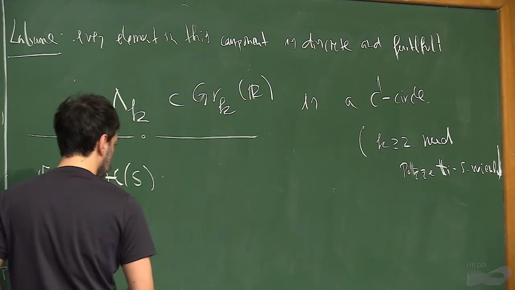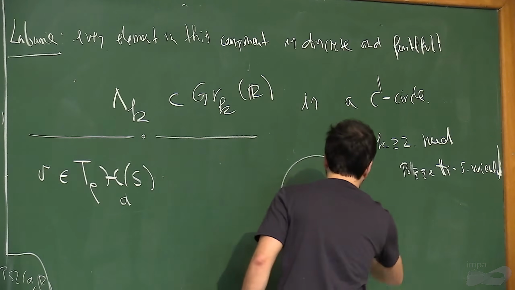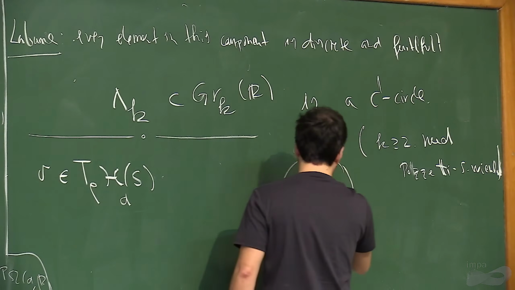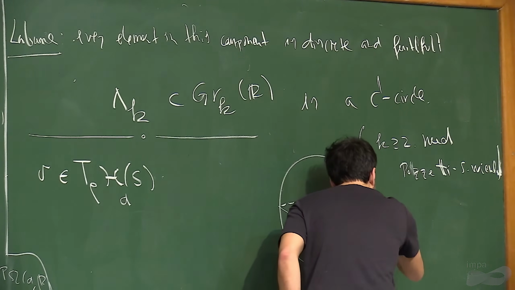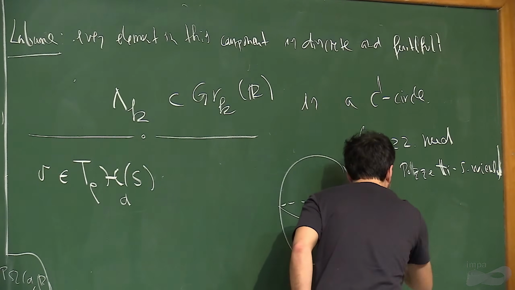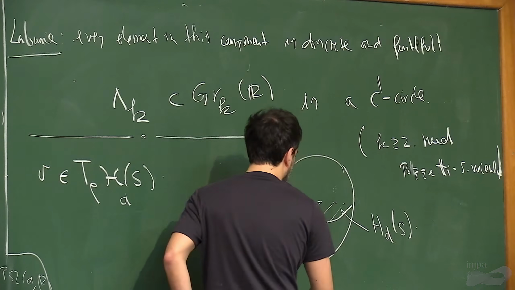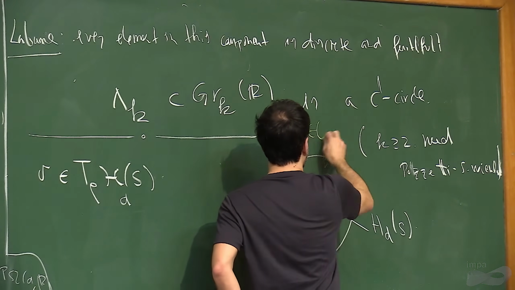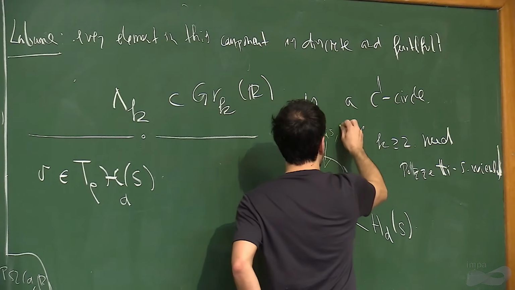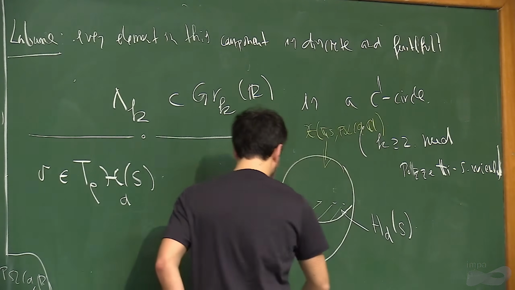Let me draw a picture. So now this ball is not a Grassmannian, but this is now the Hitchin component. This small ball here. The big ball is going to be the character variety into the complex SLD. Right?